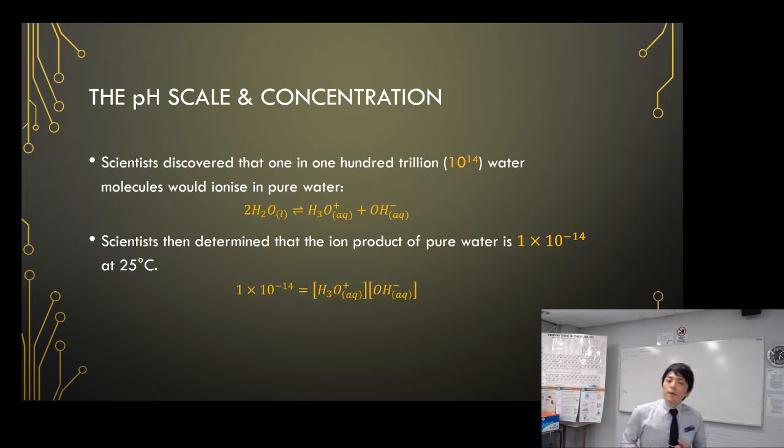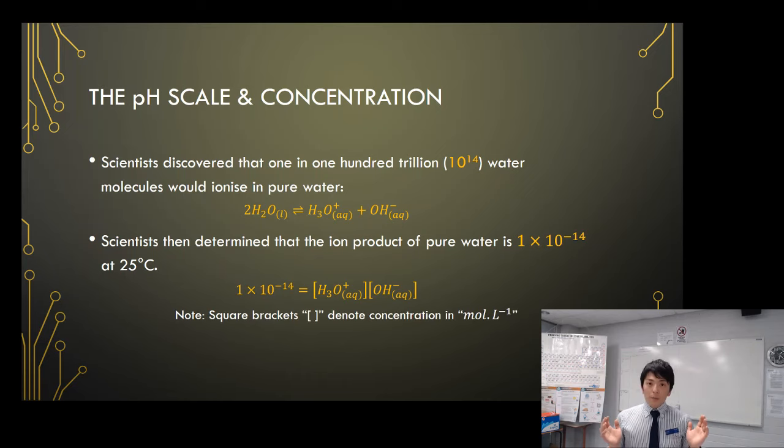Therefore, if you multiply the concentration of H3O+ and the concentration of OH-, you would always get 1 times 10 to the power of negative 14. They are all concentrations, all working in the same unit.